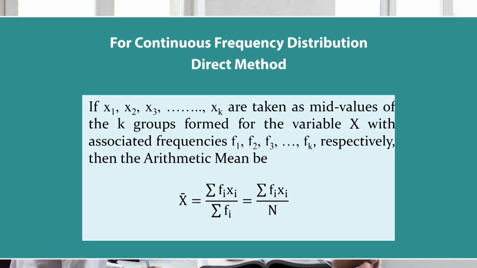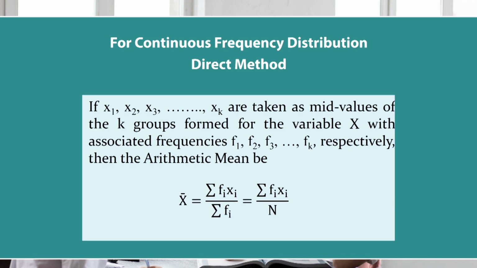We calculate the summation fi xi, that is the sum of the products of the mid values x1, x2 up to xk with the corresponding frequencies f1, f2 up to fk, and then the total is divided by the total of the frequencies, that is the summation of f1 plus f2 up to fk.